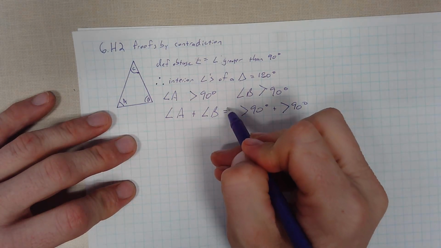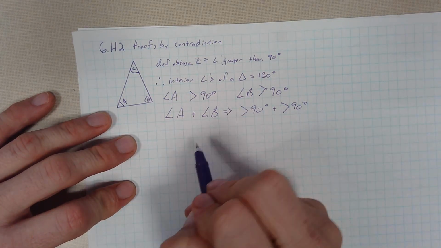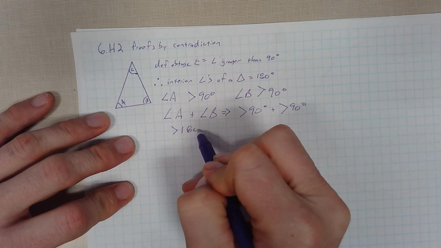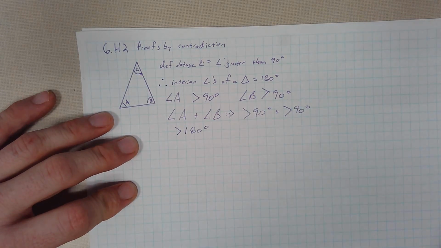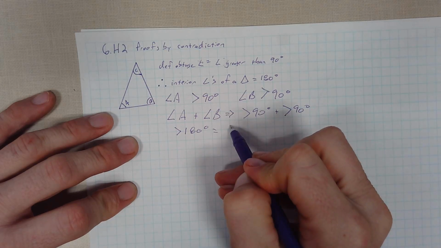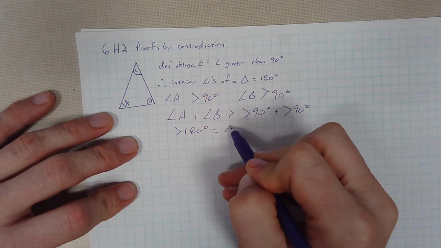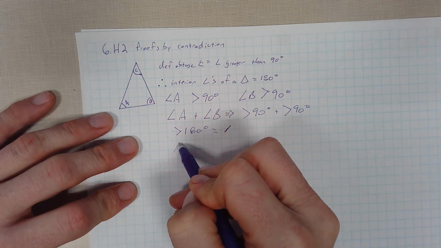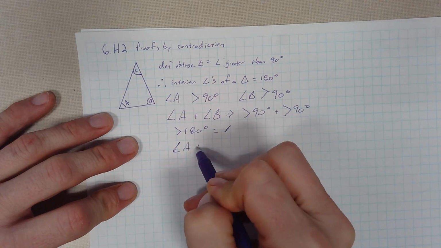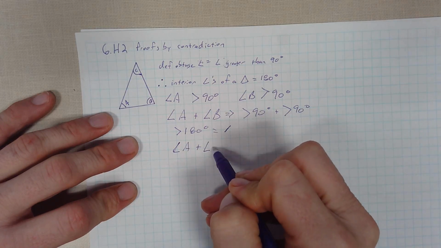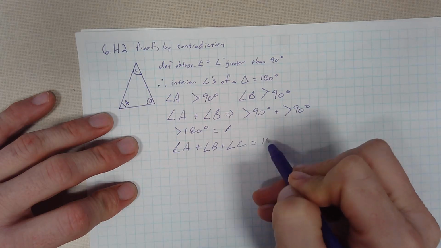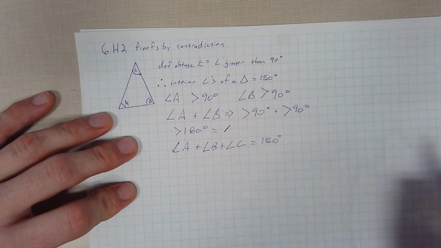So therefore, the sum of those is greater than 180 degrees. So the sum of these interior angles, angle A plus angle B plus angle C, must equal 180 degrees, right?